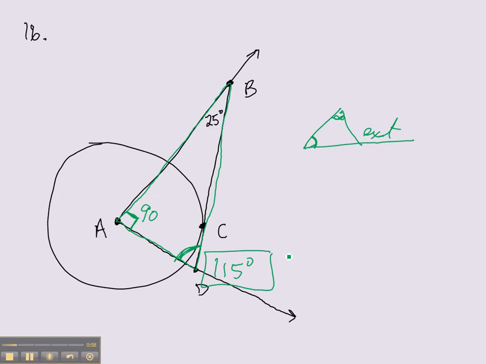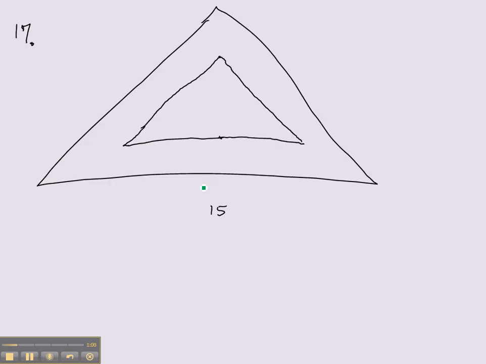Number 17. We're told in the diagram that this is 15 across the bottom. This is 9 across here. And we're told that this is a length of 3. Right here, this is 3, and this is 3.